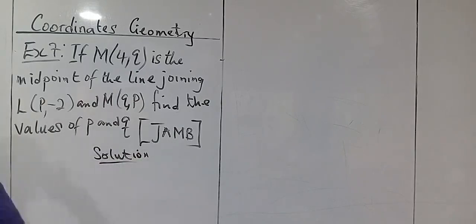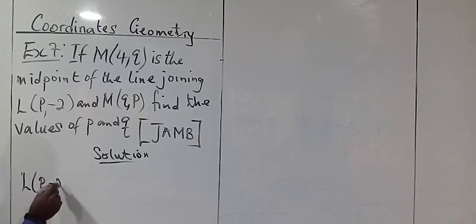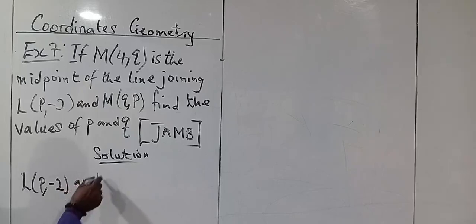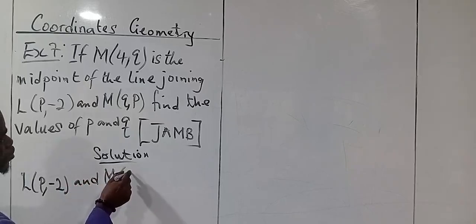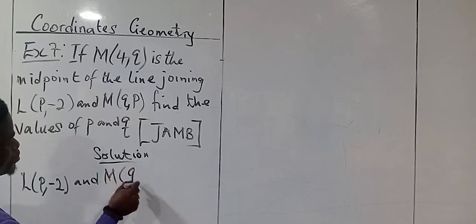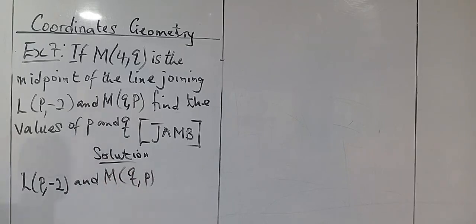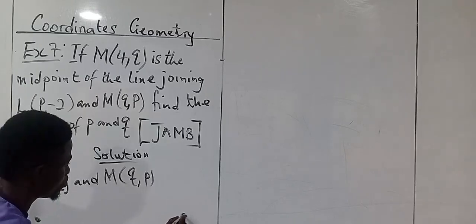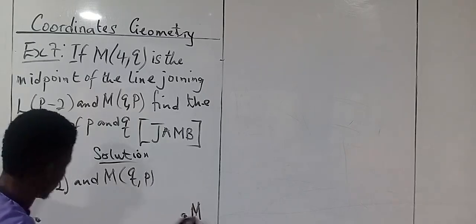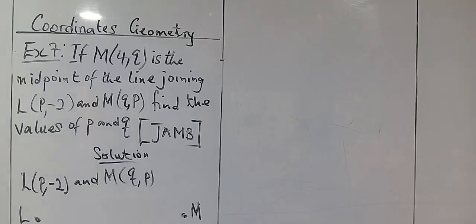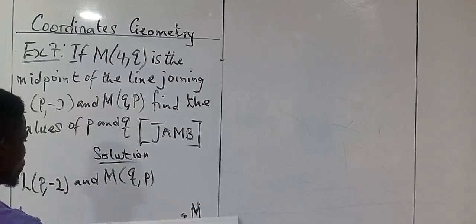So under this one we have points L as (P, minus 2) and (Q, P). Let's go in a straight line.